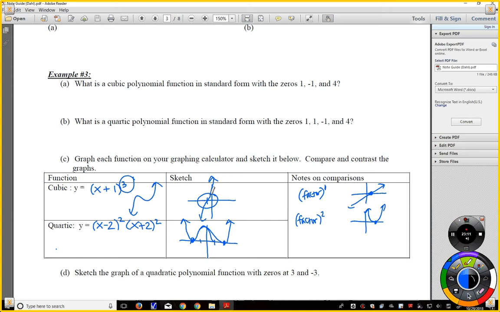So factors that have a second power, like a quadratic, behave like a quadratic at their 0. Factors that have a third power behave like a cubic at their 0. They go to turn around, and then they don't quite turn around. It looks like it's going to be a vertex, then it's not, okay? So it doesn't ever actually turn back the other way, but it curves while it goes through.